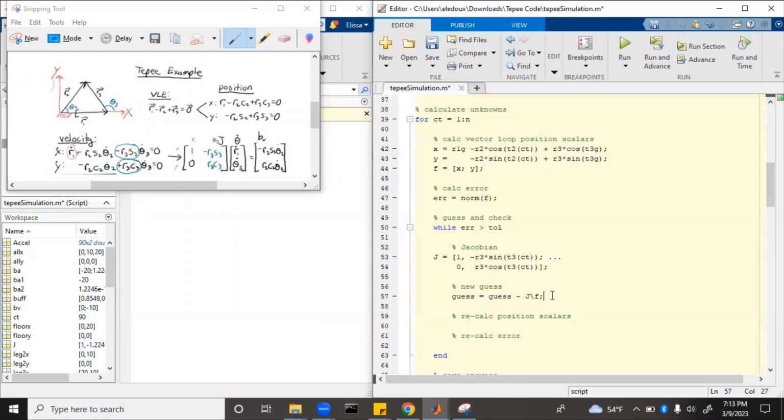Okay, so once we've got those guesses, now we need to tell it which element in guess is theta 3 and which element is R1. The way that we've defined it here is R1 is on the top, theta 3 is on the bottom. Same thing here.